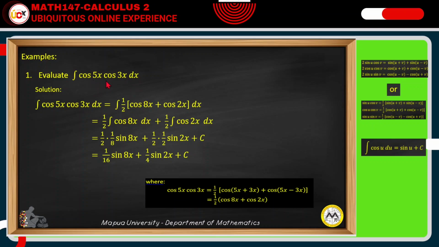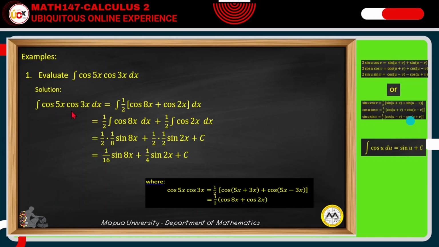As you can see, because the integrand is a product of cosines, we have to use formula number 2, wherein 2 cosine u cosine b is cosine of u plus b plus cosine of u minus b. Or you divide both sides of the equation by 2, so we get cosine u cosine b equals 1/2 times the quantity of cosine of u plus b plus cosine of u minus b.